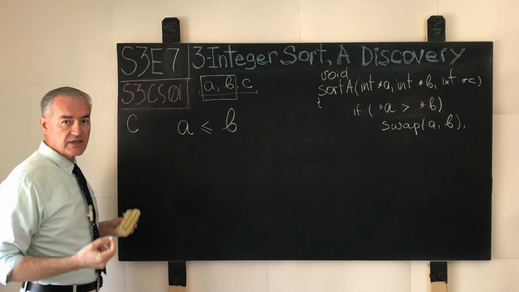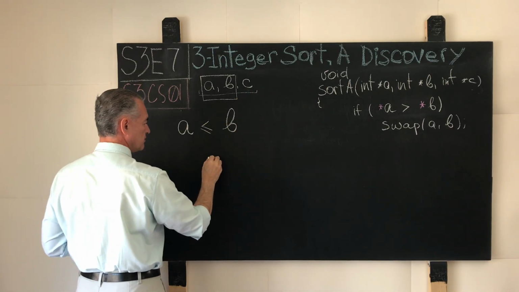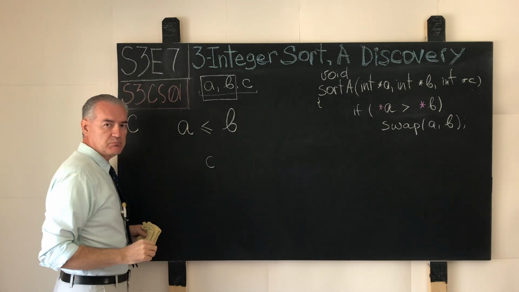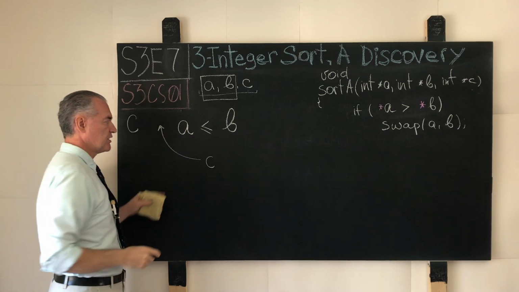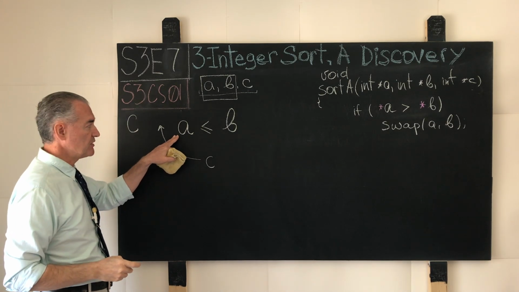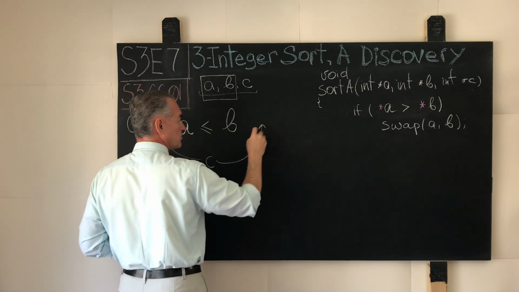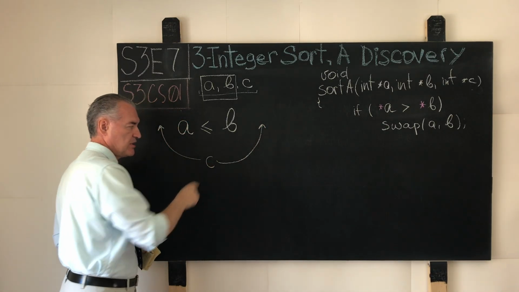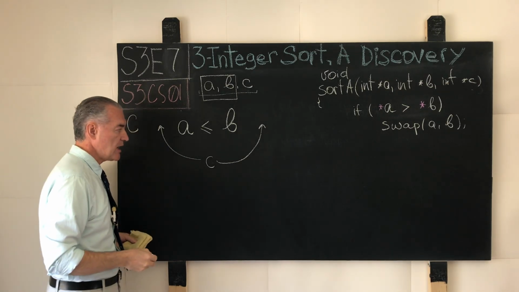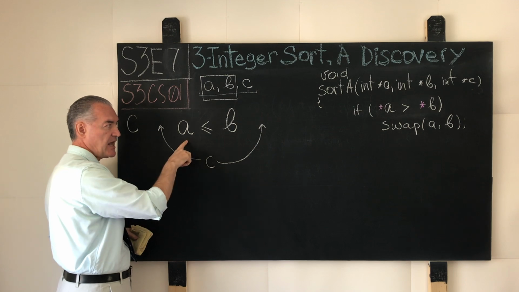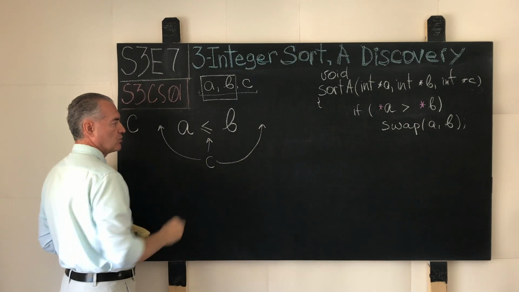So now the last step, we need to place the coin C correctly, and where can the coin C be placed? Well, we do not know. It can be placed to the left of A because it can still be lighter than the coin A. It can go to the right of the coin B because it can so happen that it is heavier than the coin B. And it can also so happen that C is heavier than A, but it is lighter than B. So it will be sitting somewhere over here.